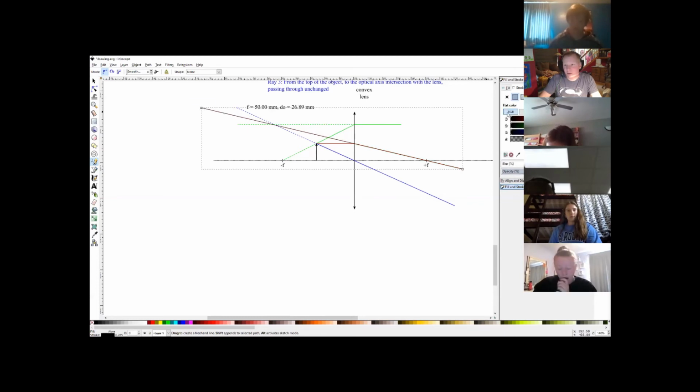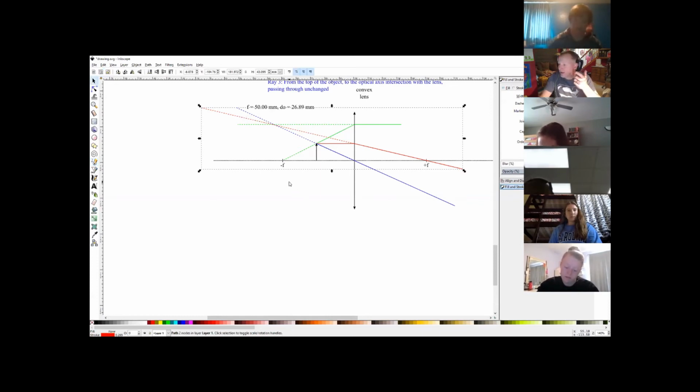And I have found in my years of doing this that the lenses work out better than the mirrors did. And I always thought that that was probably mostly because this is a straight line, so it's easy to draw and easy to measure. And the curve of the mirrors always makes it a little more challenging.